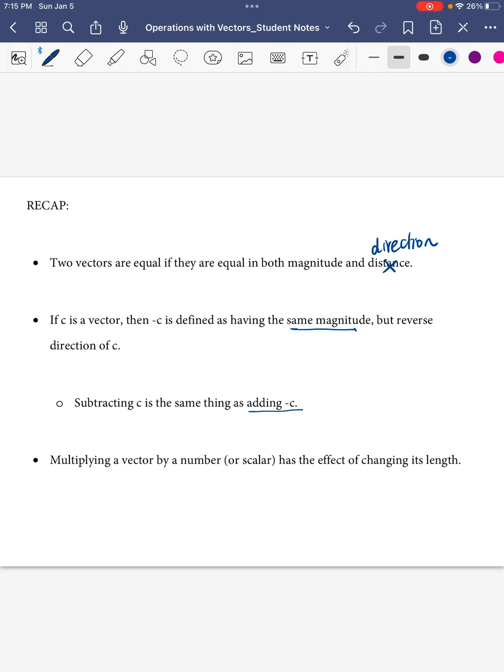So typically we talk about adding vectors, not really subtracting vectors, because with magnitude and direction, it doesn't make as much sense to subtract, and we'll see about that in a minute. And then multiplying a vector by a number, which we call a scalar, has the effect of changing its length and potentially its direction if it's a negative.